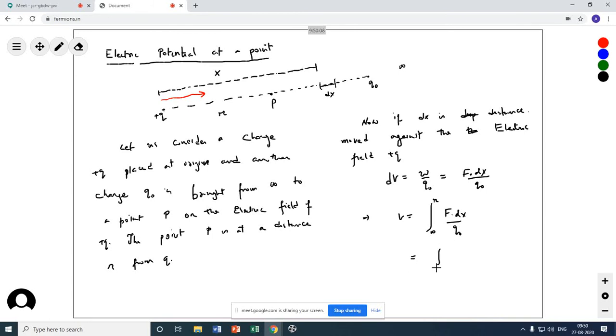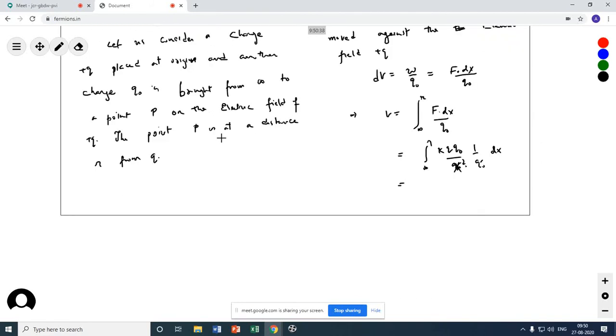Coulomb's law says, from infinity to r, this should be k Q q naught by r square into 1 by q naught dx. So q naught gets cancelled. Sorry, not r square, it would be x square. Why x square? This is at a distance of x.